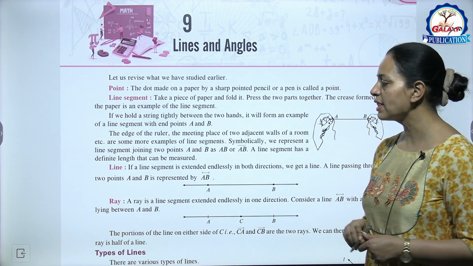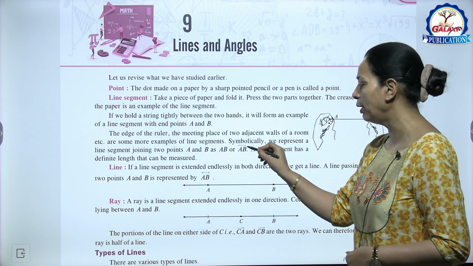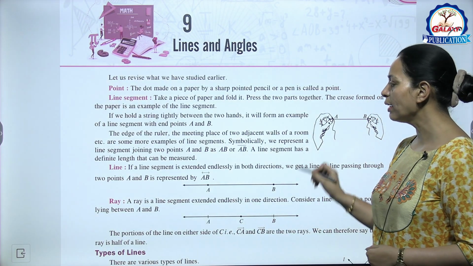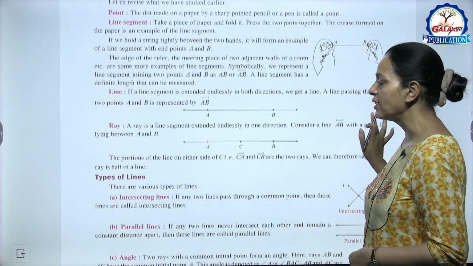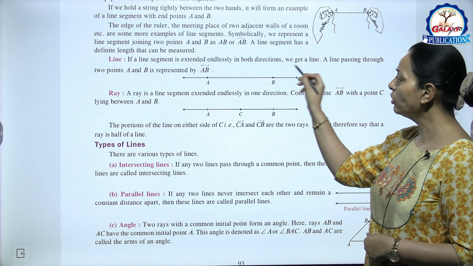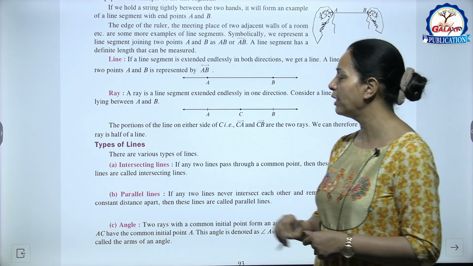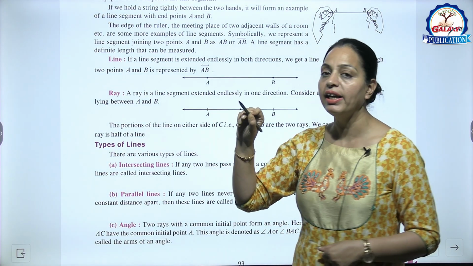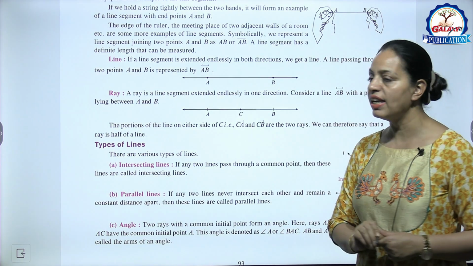Symbolically, we represent a line segment joining two points A and B as AB, like this. So, a line segment has a definite length that can be measured. Line: if a line segment is extended endlessly in both the directions, we get a line. A line passing through two points A and B is represented by AB. We can show it by arrows like this. This is the line.